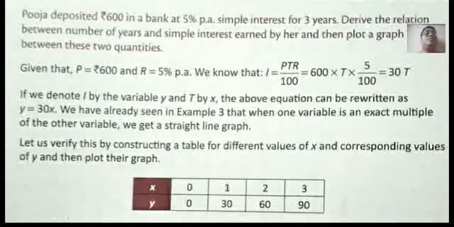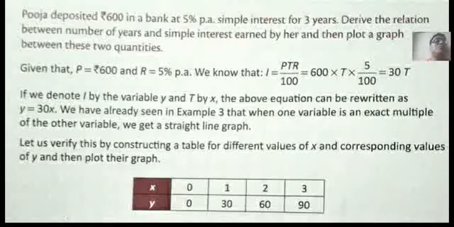Next, another problem. Pooja deposited rupees 600 in a bank at 5% per annum simple interest for 3 years. Derive a relation between the number of years and simple interest earned by her, then plot the graph between these two quantities. So P is 600 rupees, rate is 5% per annum simple interest, time T years.